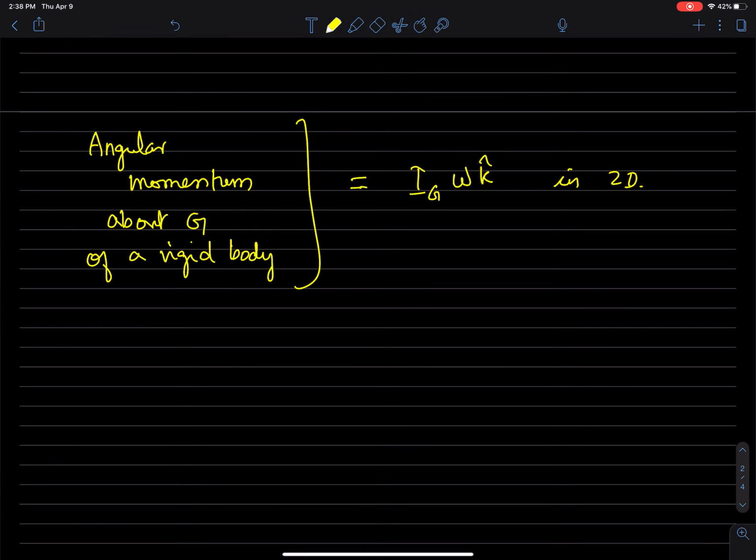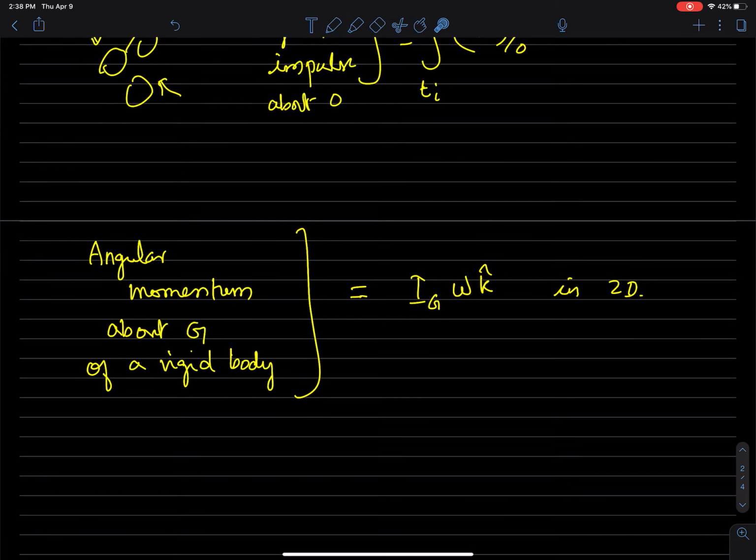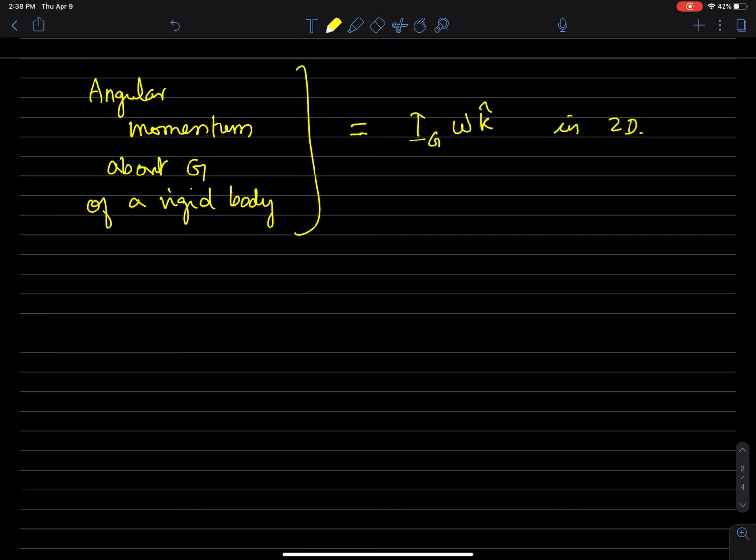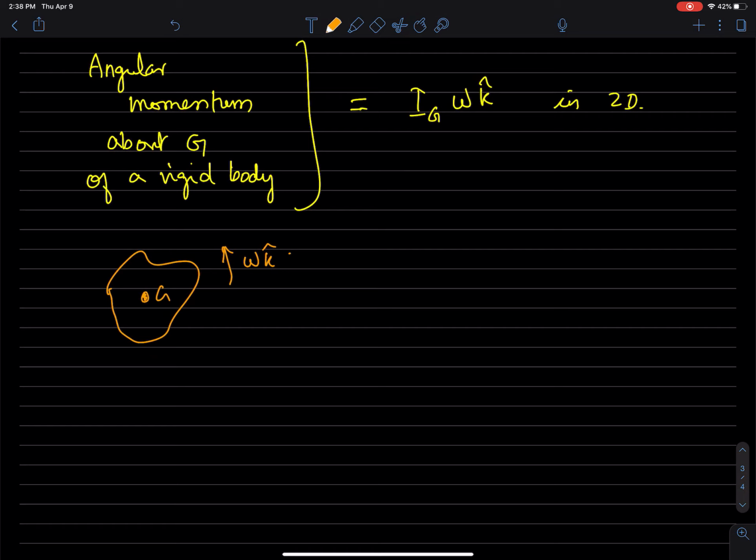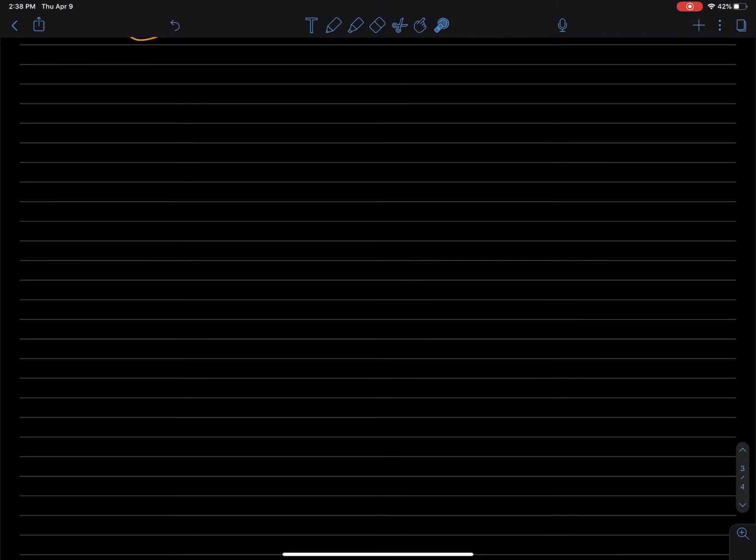Okay, so it's basically I omega. I omega is basically angular momentum. So if you have a single rigid body, and you have the point G, and this has some angular velocity omega k, then the angular momentum of this object about the point G is I omega k. Okay.